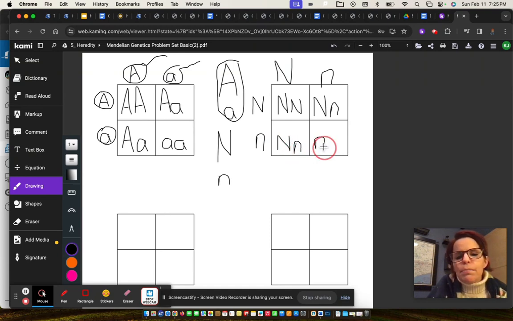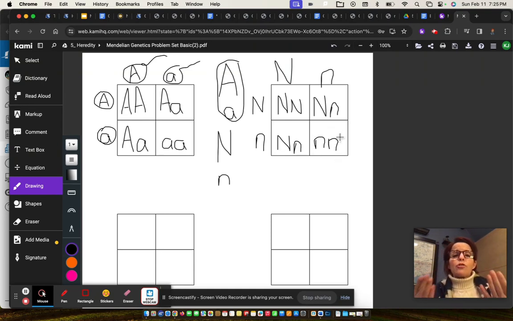So the genotypes are still going to be the same percentages that we had with the achondroplasia. The genotypes just tell us what letters they got. So in the achondroplasia Punnett square, 25% were homozygous recessive, 50% were heterozygous, and 25% were homozygous dominant. In the cystic fibrosis one, however, because it's a recessive trait, the only individuals that actually get cystic fibrosis are these two here that never inherited the dominant trait.